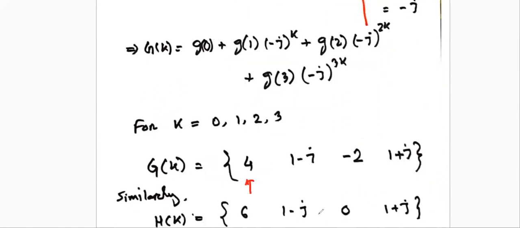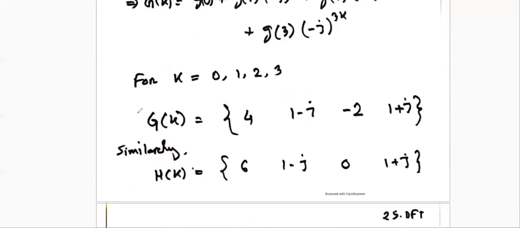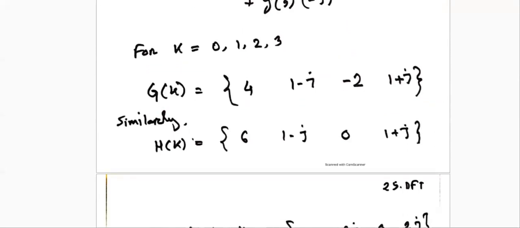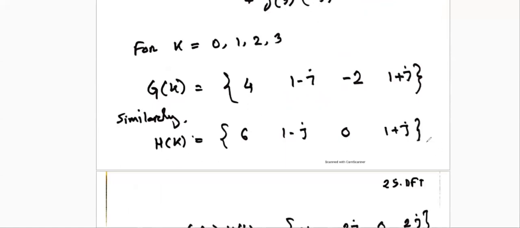This is the 0th value, first value, second value, and third value. By replacing k with 0, 1, 2, and 3, we have found the Gk looks like this. And you have found the Hk looks like this.